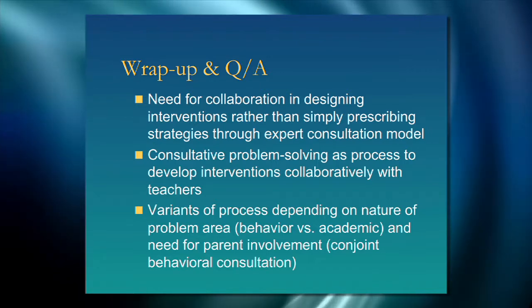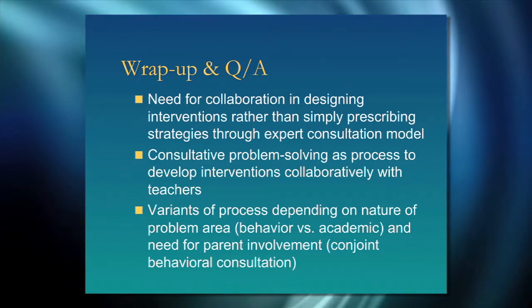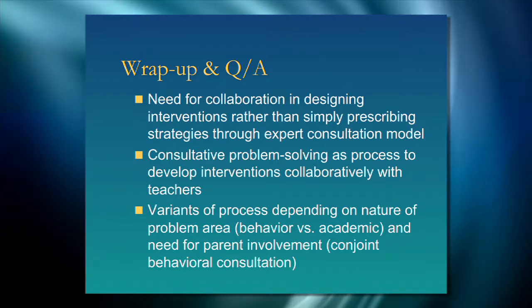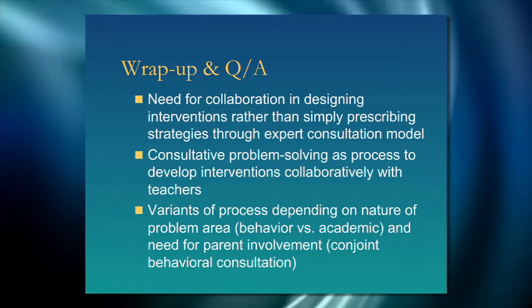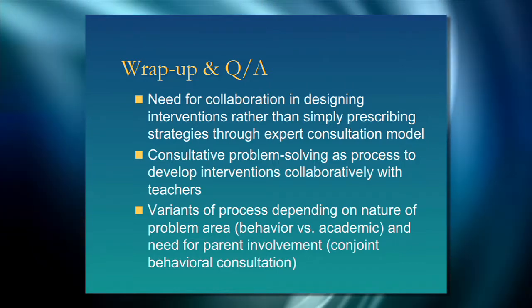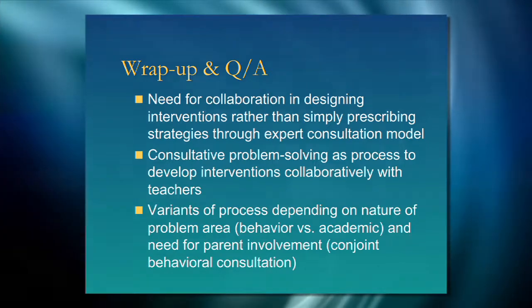And there are variations of that. If you want to bring parents into the equation, there's the conjoint behavioral consultation model. If you want to deal with a different area of concern, let's say academic concerns rather than behavior, there are variations of this problem-solving model that can be used for academic outcomes.